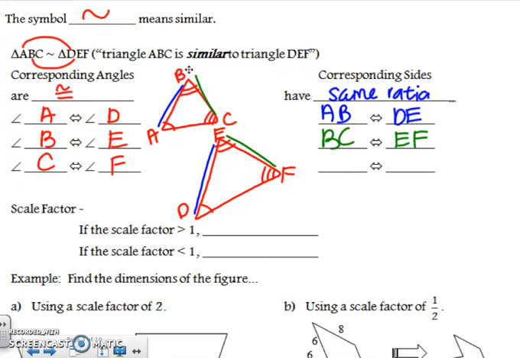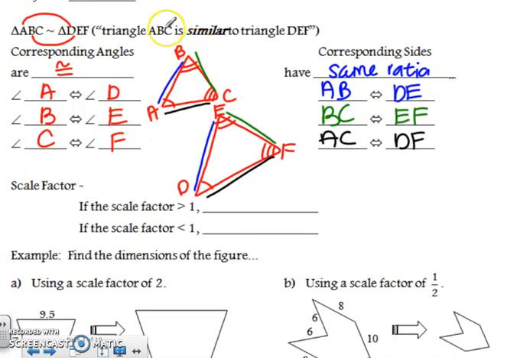And then lastly, AC is going to have the same ratio as DF. So it's the same parts as congruent triangles. They're in the same order, but now we're just looking at ratios instead of them being the exact same. So scale factor, remember that from dilations.